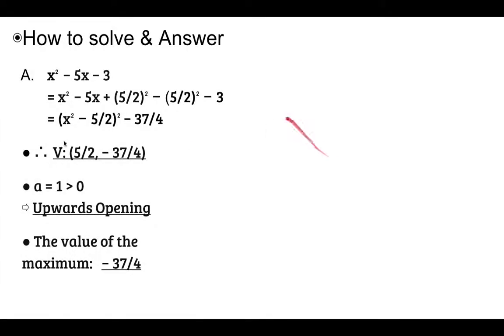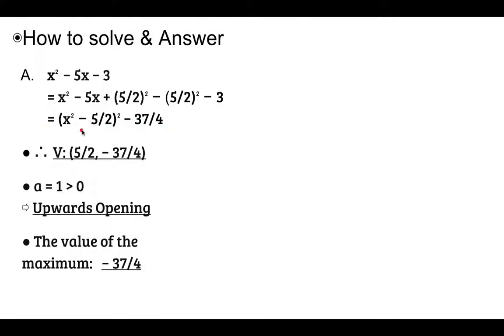So A, we can divide to make 5 over 2 in the square, and the negative. We should make this formula. That is a key point, a very important key point. So we can make this one, and then we can get this formula.